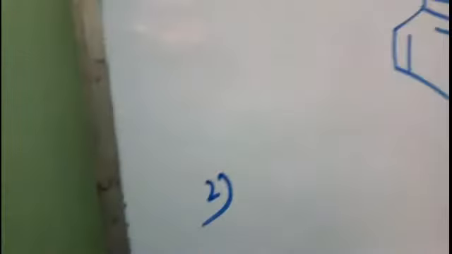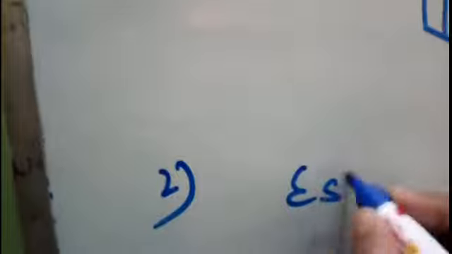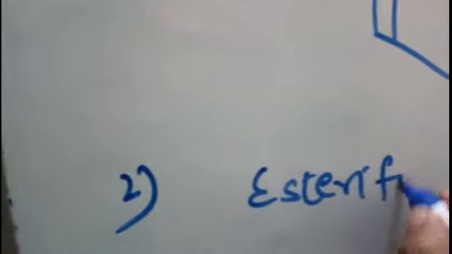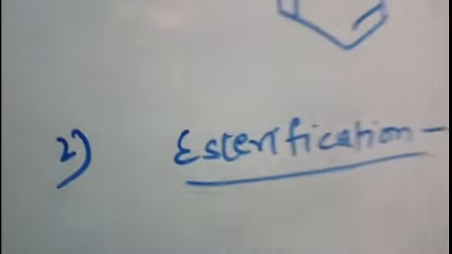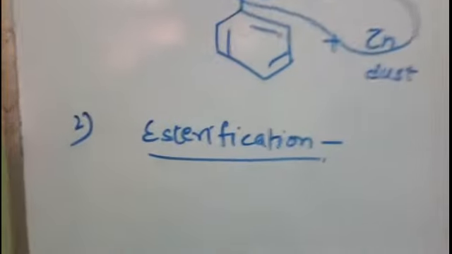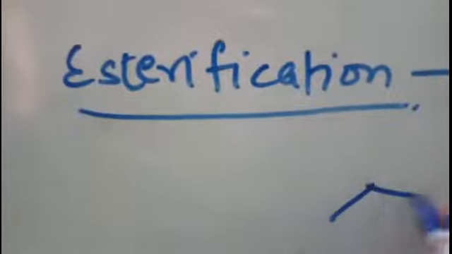Now, the next reaction which we will study is esterification. You know that phenols are also a class of alcohol only. So, with carboxylic acid and the acid derivatives, it will undergo esterification reaction, and esters will be formed.